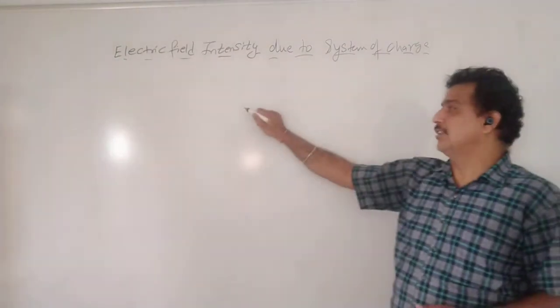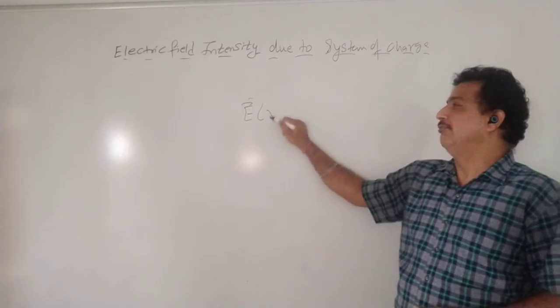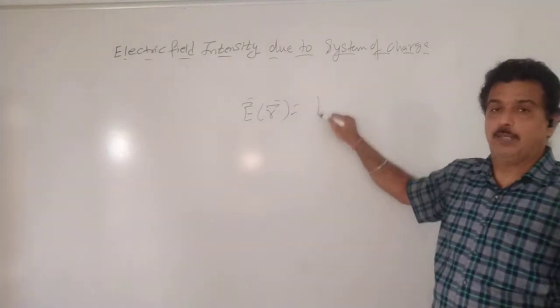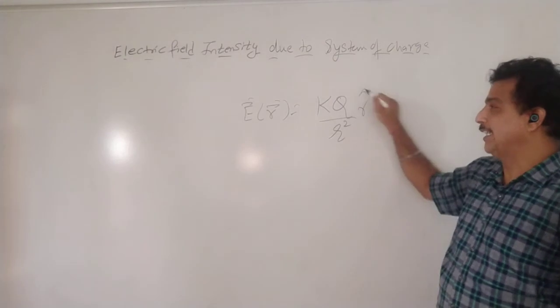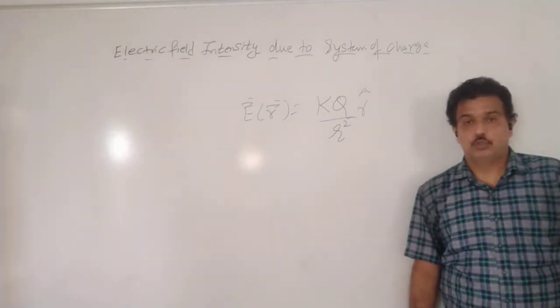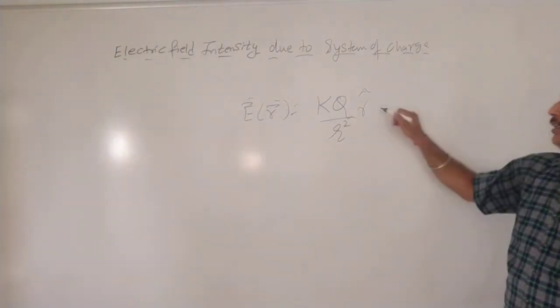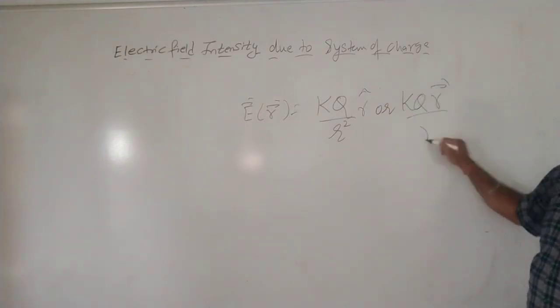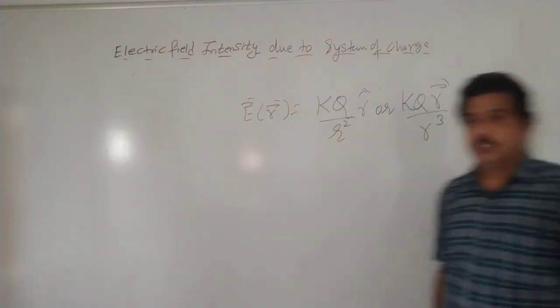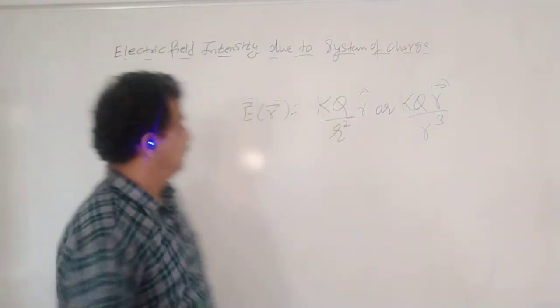For a point charge, again I am repeating, when our source was a single positive charge, the formula was kq upon r square r cap. But the source was kept at the origin and this can also be written as kq r vector divided by r cube, that is the Coulomb's law in vector form.